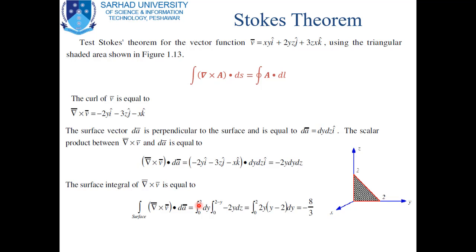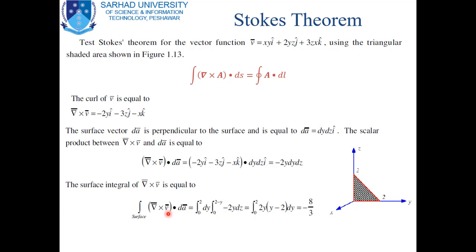This is the value of y, and z varies from 0 to 2 minus y, as we can obtain this relation from here, in which if y is reducing, z will increase up to 2. So the value of z plus y over this line is equal to 2, and we can easily obtain the value of z, which is 2 minus y.